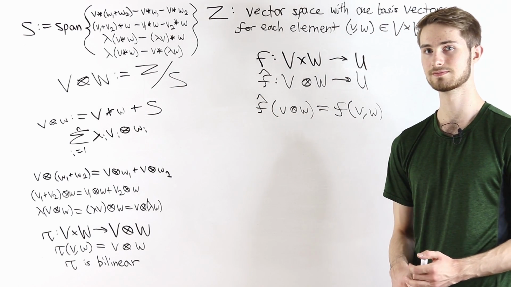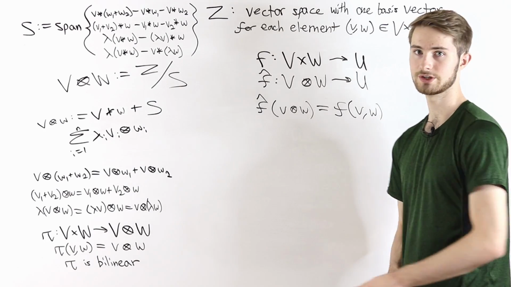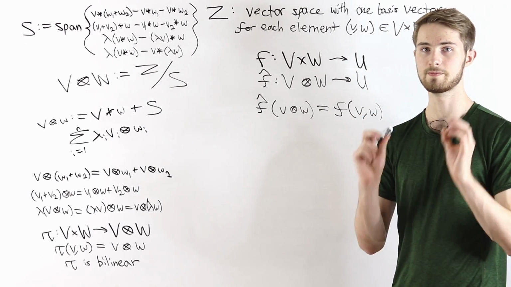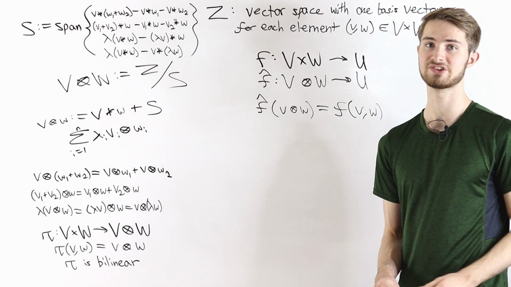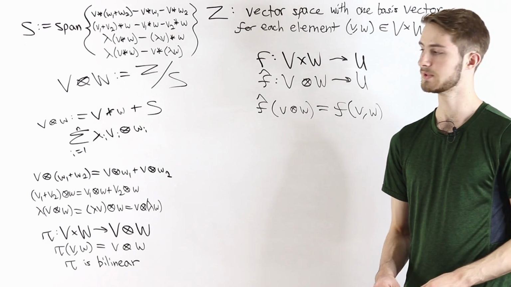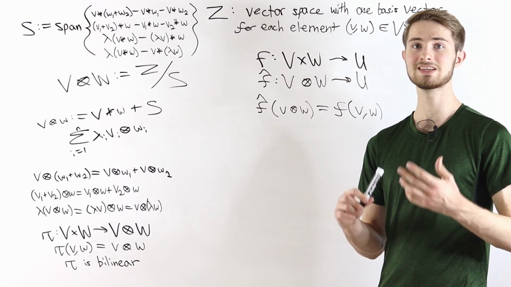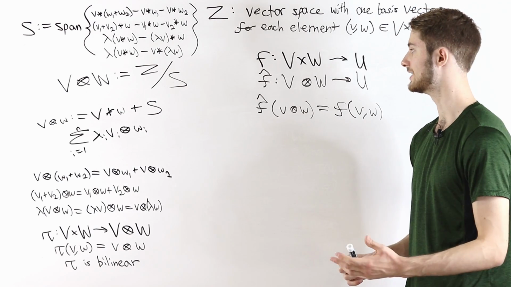So one way that we can define a function on the tensor product is just to make sure that it gives us the same output for any coset representative of a given coset. And it turns out that there is an easy and rigorous way for us to do that.